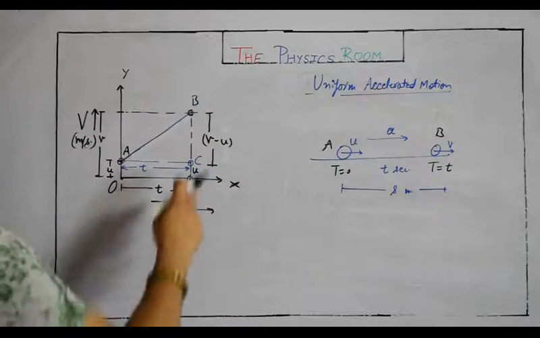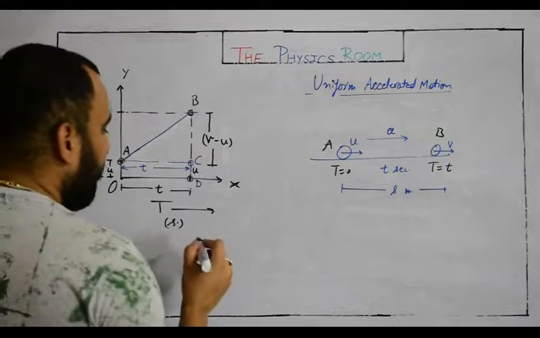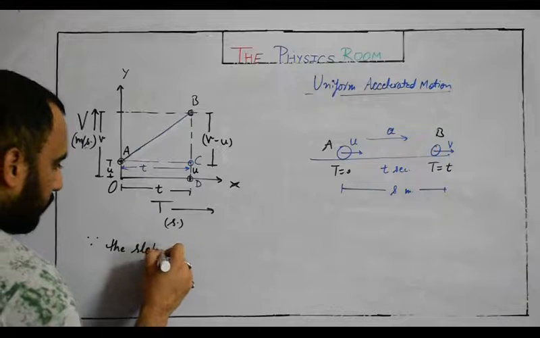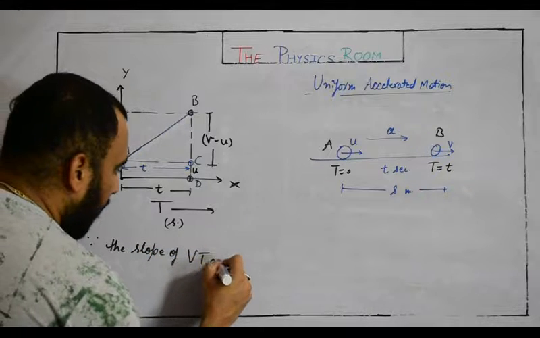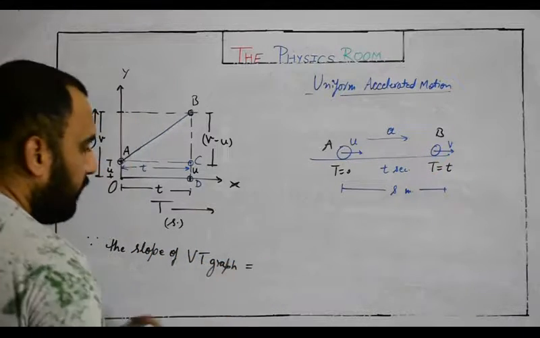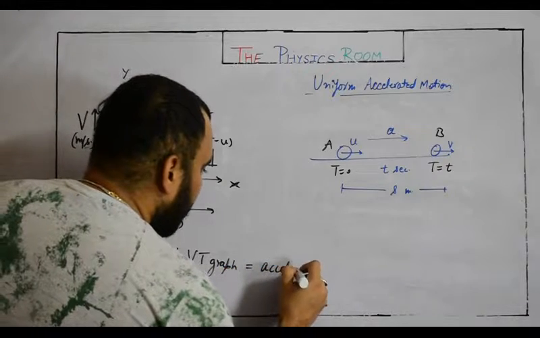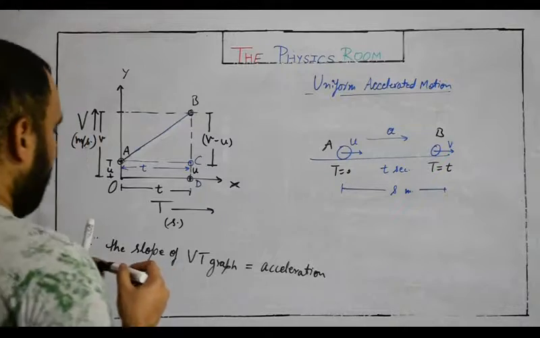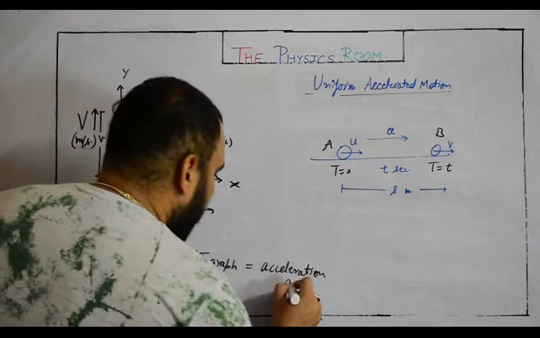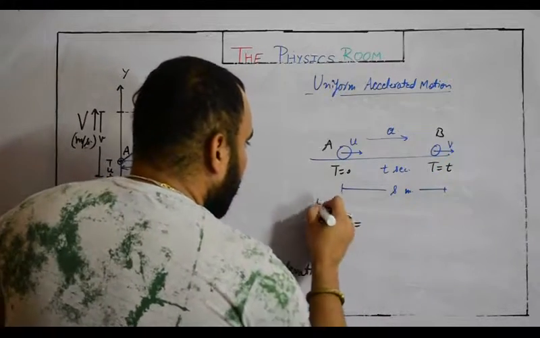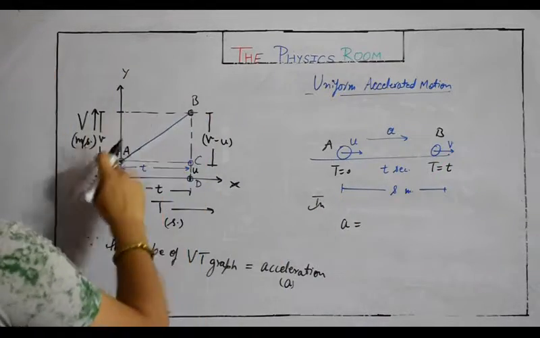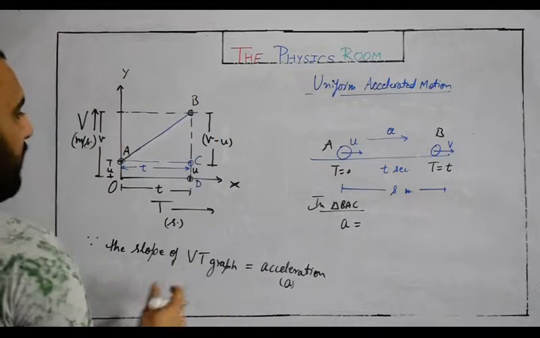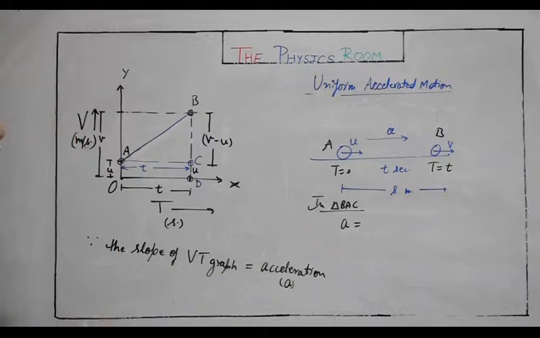So in this right angle triangle, we know that the slope of the VT graph gives you the value of acceleration. In triangle BAC, acceleration would be the slope. Slope is perpendicular upon base.